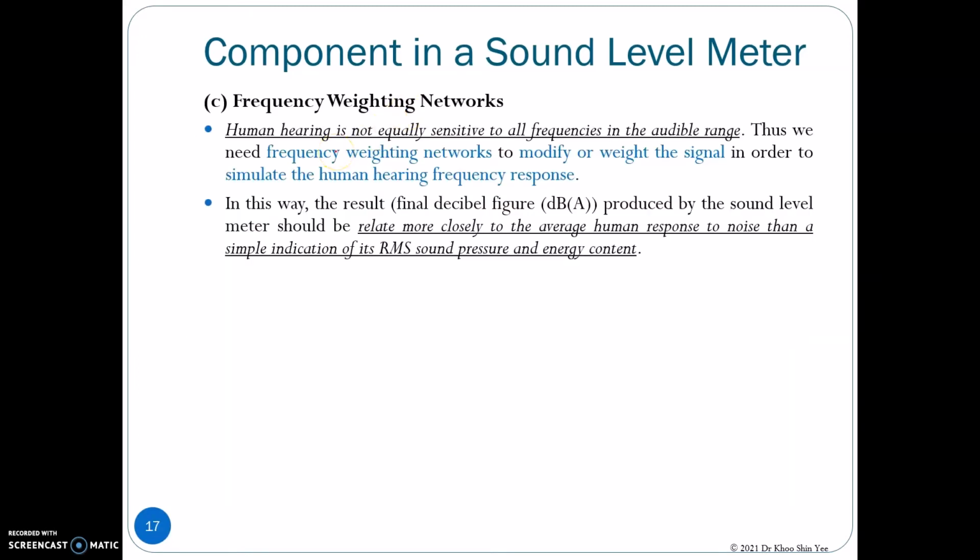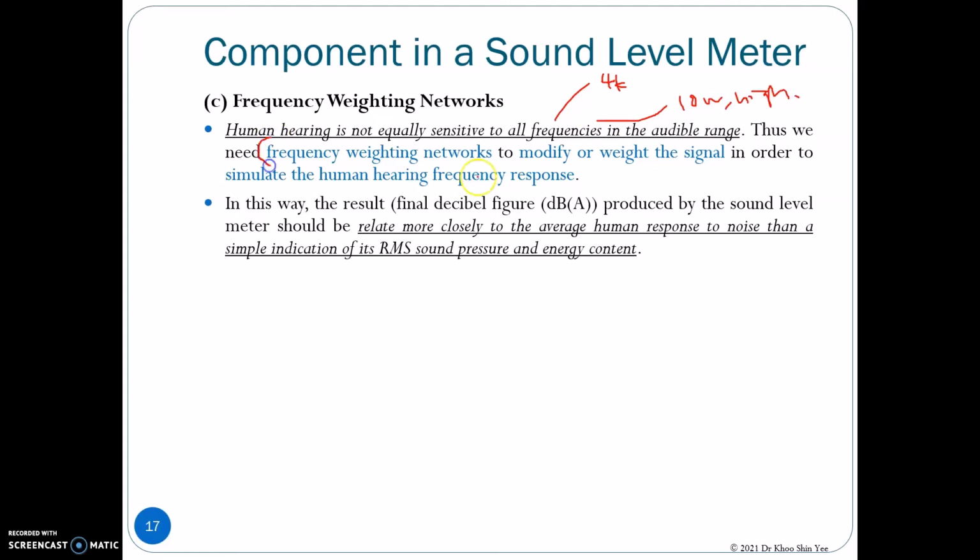Frequency, we have learned that the human hearing is not equally sensitive to all frequencies in the audible range. For example, we know that our hearing is more sensitive around 4 kHz. However, it's less sensitive at low and the high frequency.